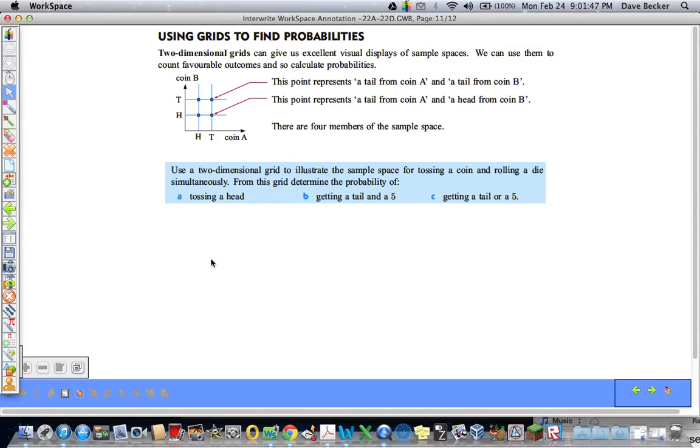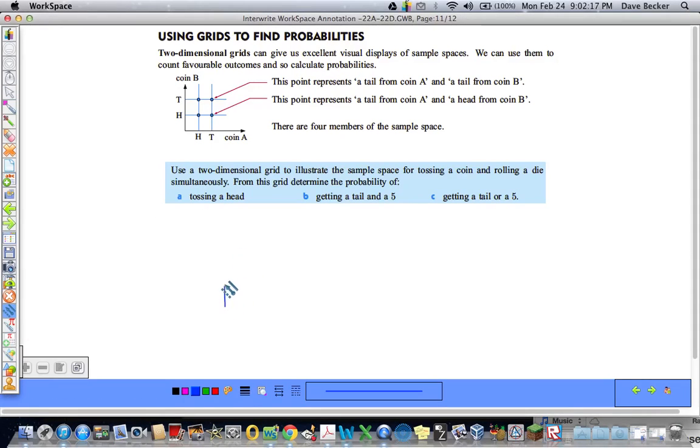Sometimes it's helpful to use grids like we did before to help us find probabilities. So let's do this, shall we? Now this is an easy example, but when you get more difficult ones, sometimes a grid is a good strategy. I just want to put it out there for you in case you do want to use it. Use a two-dimensional grid to illustrate the sample space for tossing a coin and rolling a die simultaneously. Let's first make the grid.